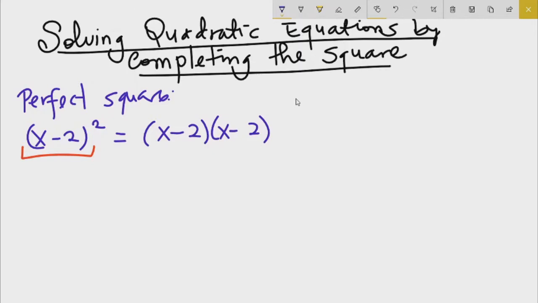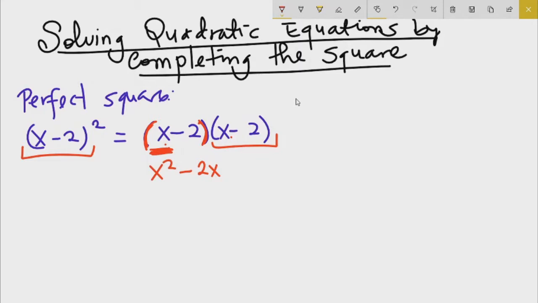How do I make the left-hand side of my quadratic equation become a perfect square? So I'm going to demonstrate it using the same example. You want to multiply each of the terms in this first factor, so you want to multiply them out. So x multiplied by x will be x². x multiplied by -2 will be -2x.